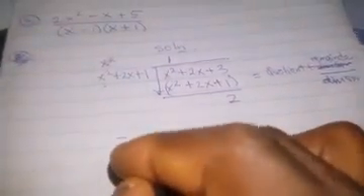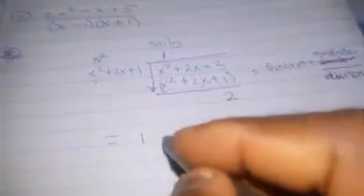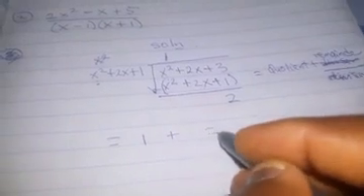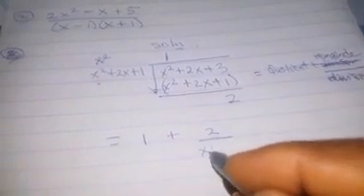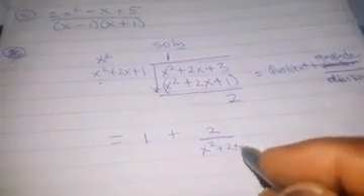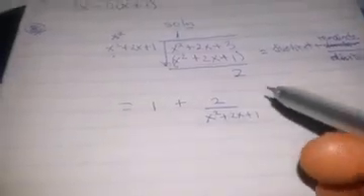So after dividing, my quotient is 1, then plus the remainder 2 all over the divisor, which is x squared plus 2x plus 1. So the purpose of case 4 is to bring out our quotient.